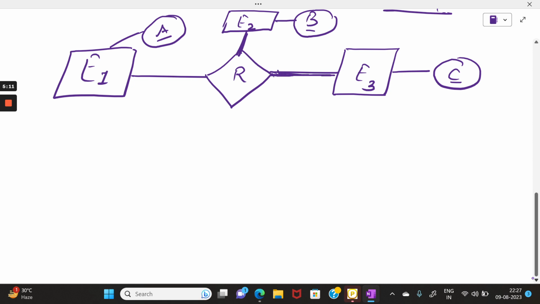We have already seen many to many mapping for binary relationships, but this is a ternary relationship with many to many mapping.